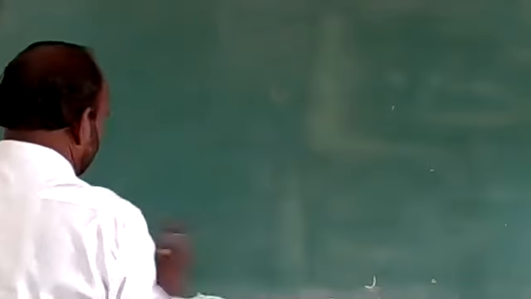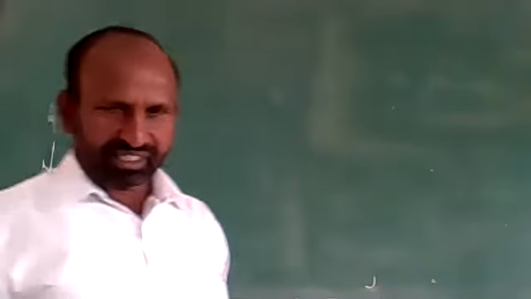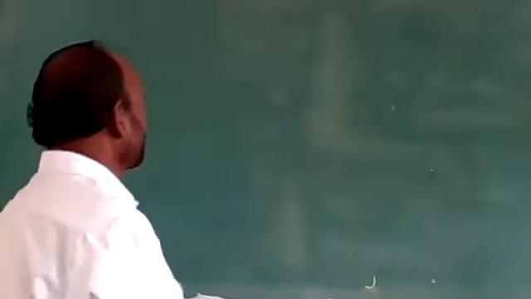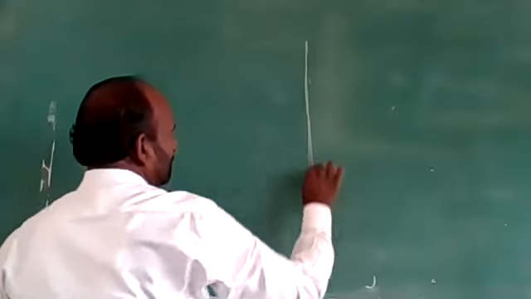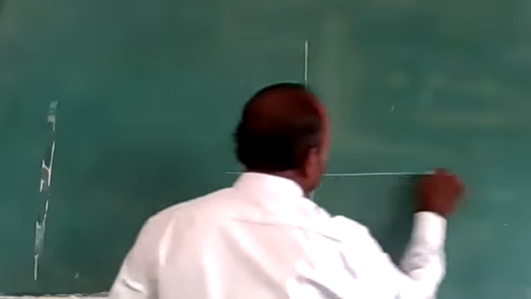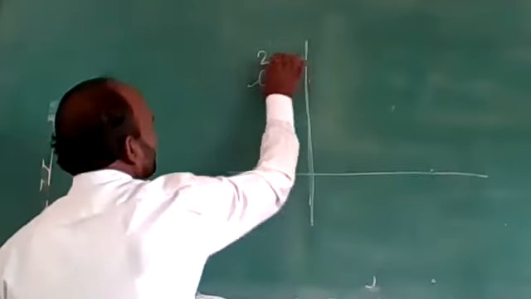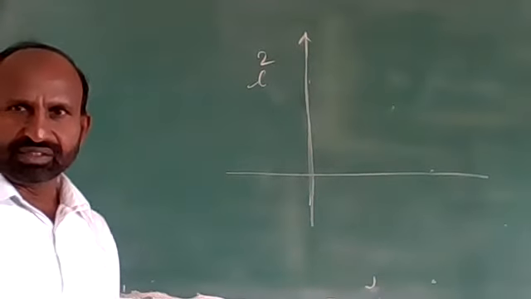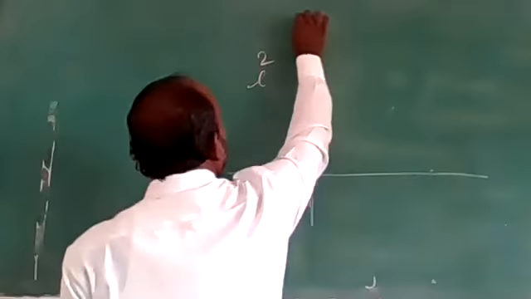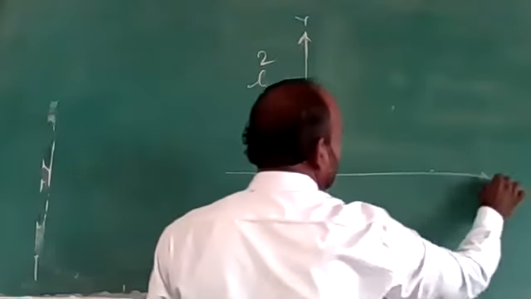Again, if we know the values of L and T, we can plot a graph where L square is along the y-axis, this is the y-axis, this is the x-axis.